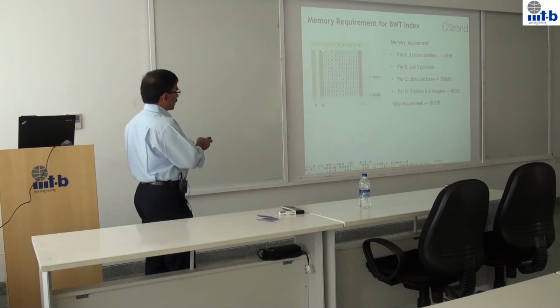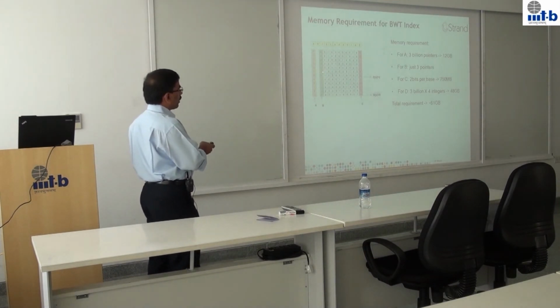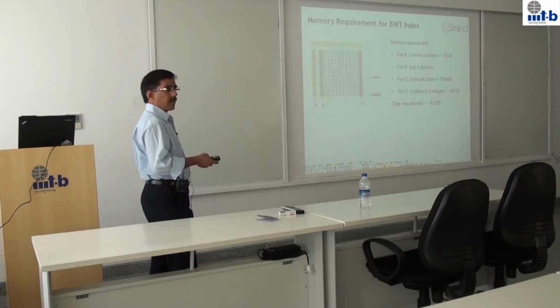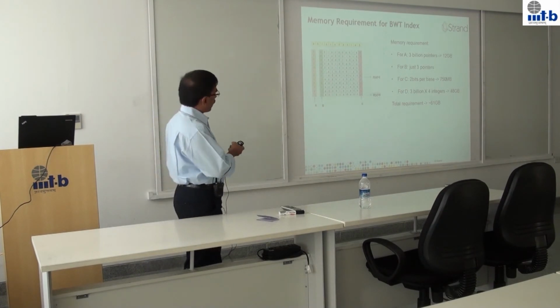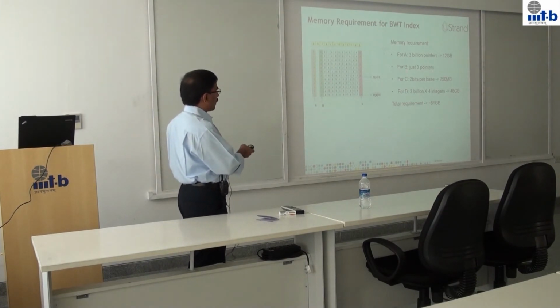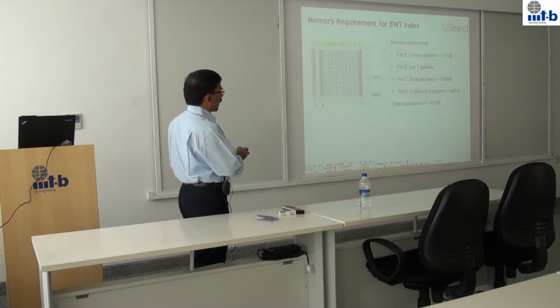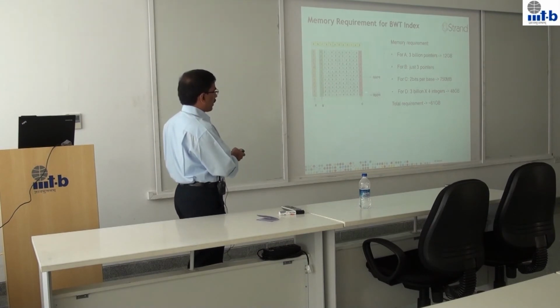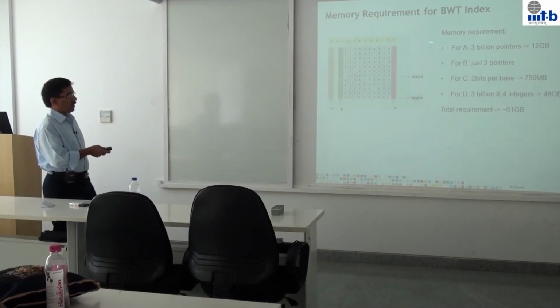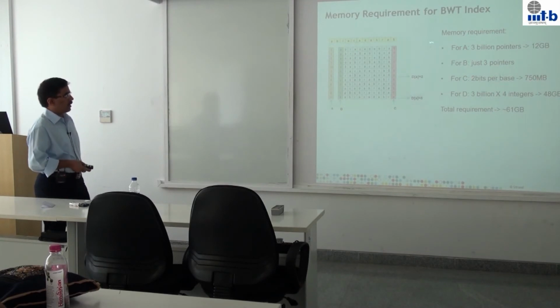For B, because it's a sorted list, we just need to know the locations of each of the different characters, and in our case only 4 characters are there, so we just need to store 3 pointers. And for C, it's just 2 bits per character in our case, because there are only 4 characters, so we will have a 750 MB requirement here.